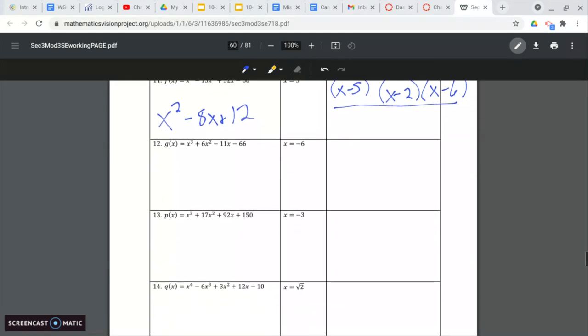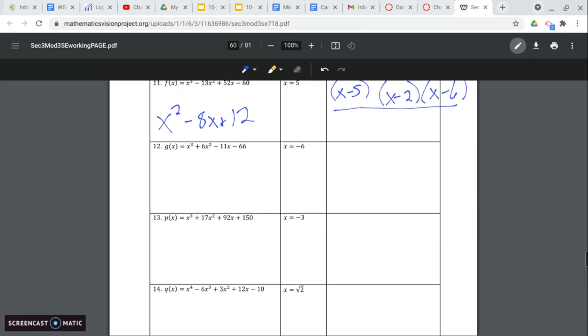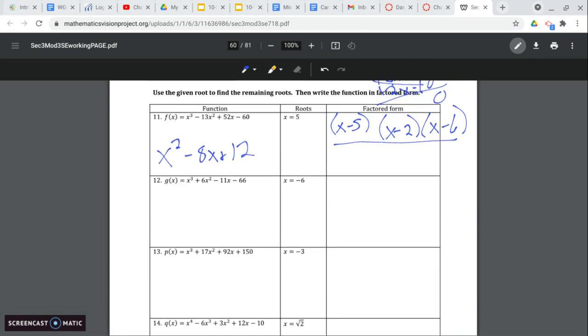So you're given one part of your factored form for all of this, which is nice and helpful. So all you're doing is dividing to simplify this down. You divide your function by the factor that you have, by the root that you have, to get what's left over, and then you can factor that.